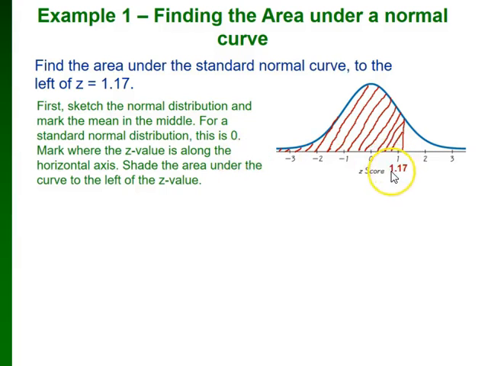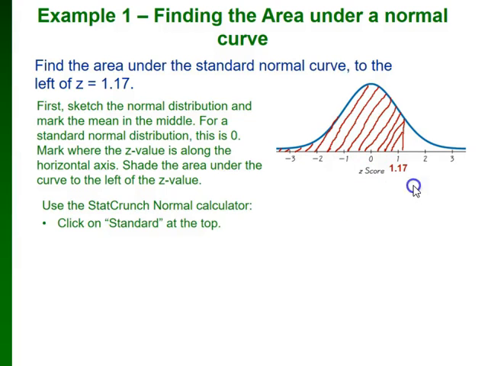And then you also need to mark the z value that you're looking at. In this case, it was 1.17. I marked this on this graph, and then it wanted the area to the left of that, so I'm shading all the way from there all the way to the left. This is what my picture looks like. And when I go to the StatCrunch normal calculator, I'm going to click on Standard at the top.